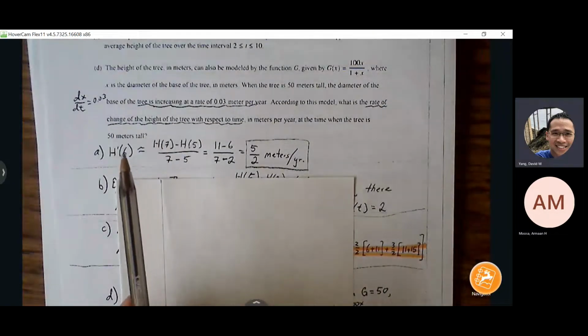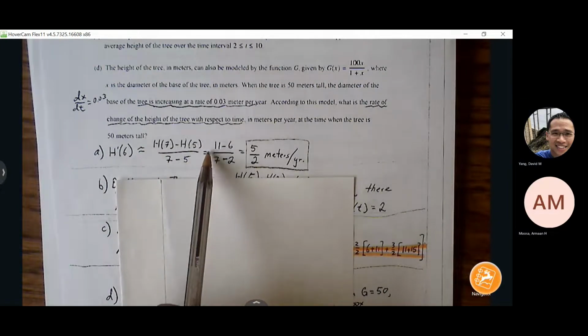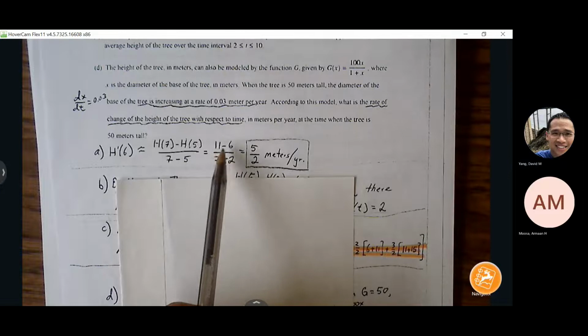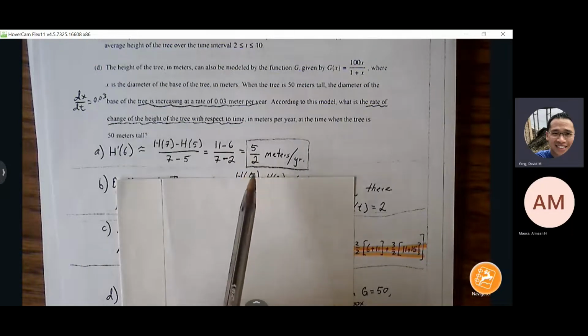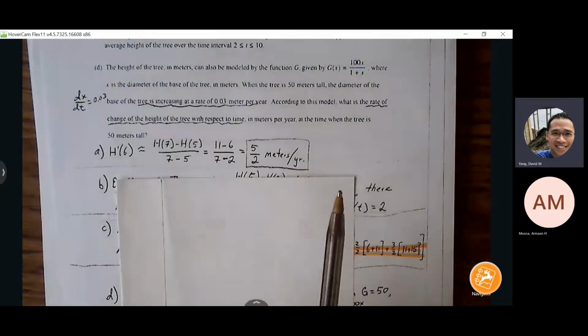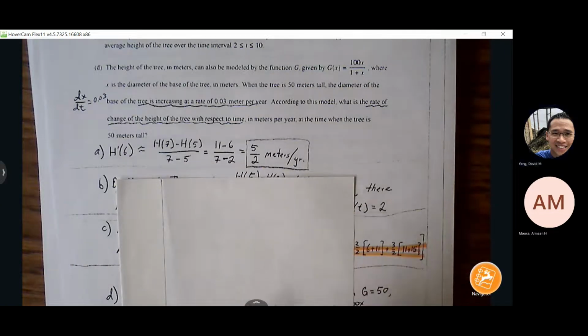So h of 7 minus h of 5 over 7 minus 5. Change in height divided by change in years comes out to 5/2, and that's our best approximation for what could be happening in the 6th year: 5/2 meters per year.